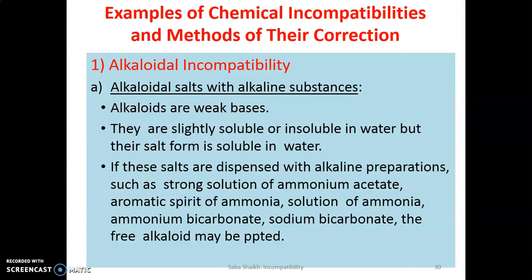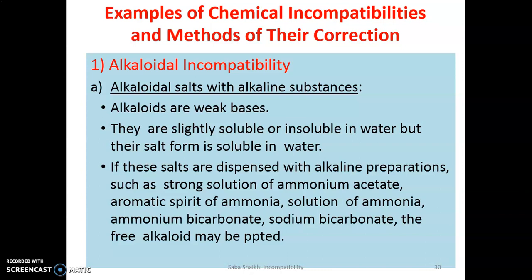I would like to tell all of you that in this chemical incompatibility session 3, we are going to see the reactions between the chemicals. Now, the first part we have seen in the flow chart is the alkaloids and other substances incompatibility.